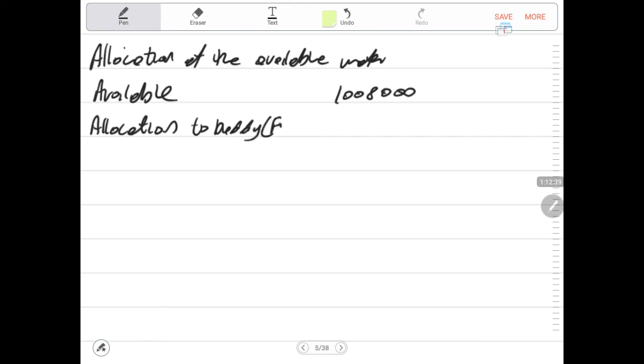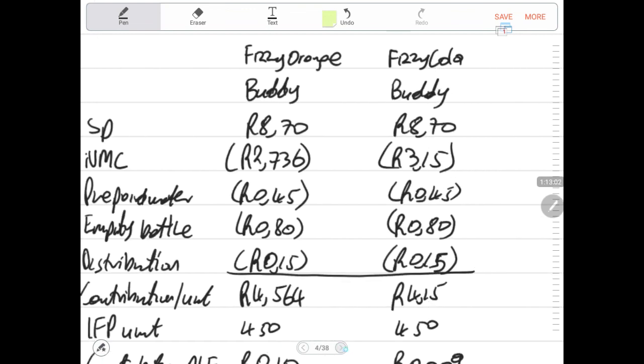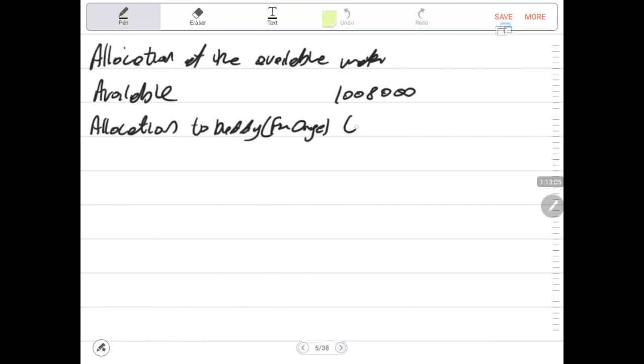Allocation to body under fizzy orange. Fizzy orange, how many liters do you need? Fizzy orange body requires 144,000 liters of water. Remember, this is in liters. Because fizzy orange body is ranked number 1, it must get the first priority in terms of allocation. So we have allocated that 144,000.